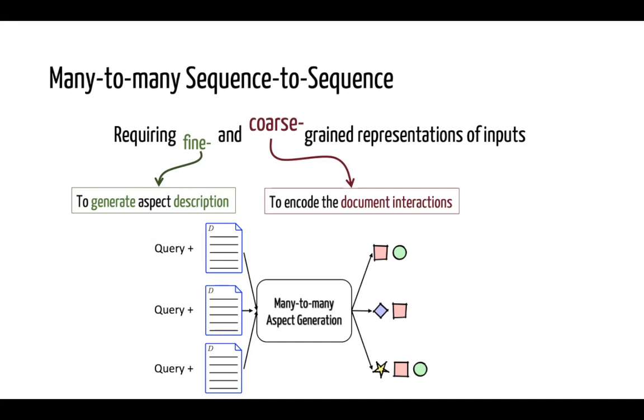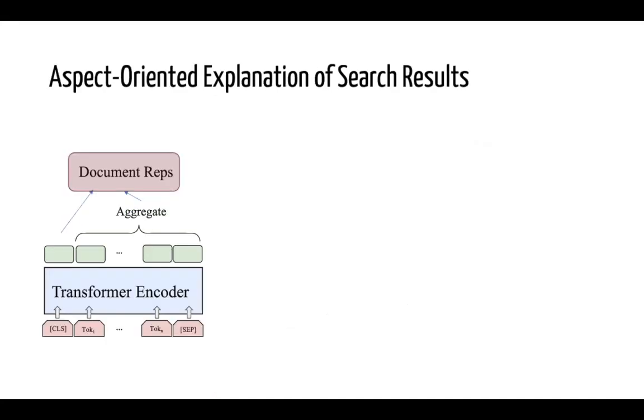Now, when we want to explain all of this as a whole, given the constraints of the transformer-based encoder, we cannot pass the entire information space as the input of the transformer-based models. So, how can we address that challenge? We cannot pass everything at the token level to the transformer-based models.